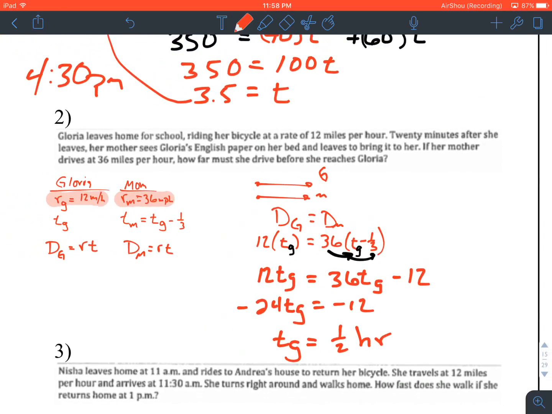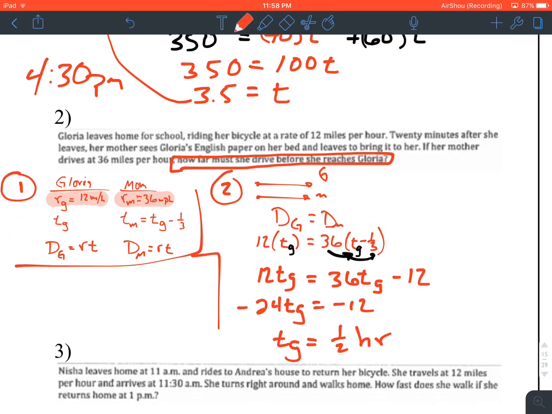Does that answer the question? No. How far must she drive before she reaches Gloria? Well, we know that Gloria's distance and her mother's distance have to be the same because they're meeting up with each other. Let me label the order in which I did these things. Anytime you do things in an illogical way on your paper, you want to label the order in which you did it.